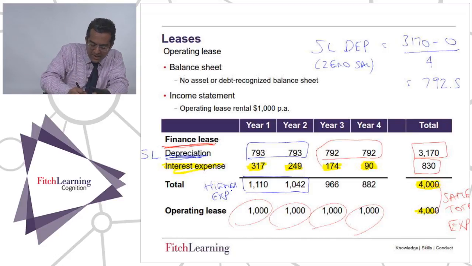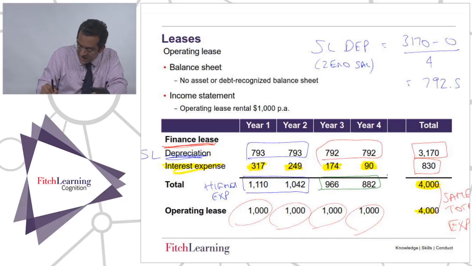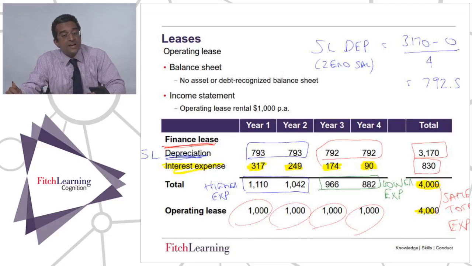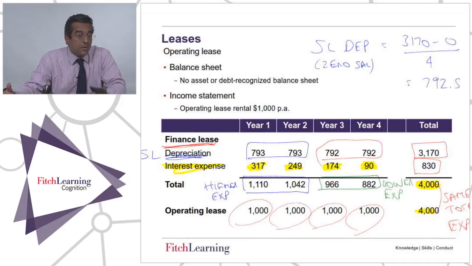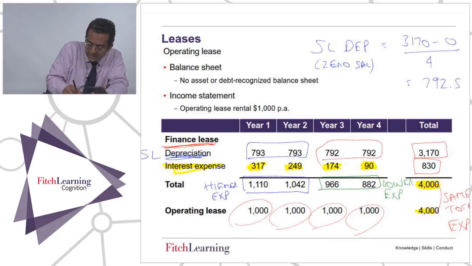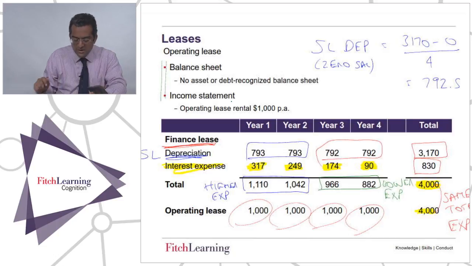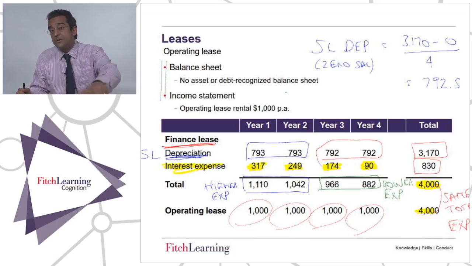On the other hand, we have lower expenses in the later years. Low expenses relative to the operating lease. And this is generally because the interest expense has reduced. Now, guys, you can see overall expenses are the same, but be ready to say early years, later years, which ones would be higher, which ones would be lower, relative to each other. Okay, so there we go. Of course, the operating lease, just summarizing, we don't really have to do anything except note operating payment.